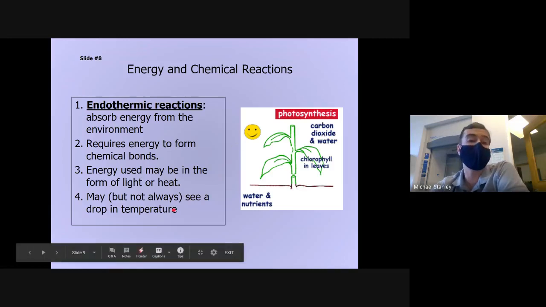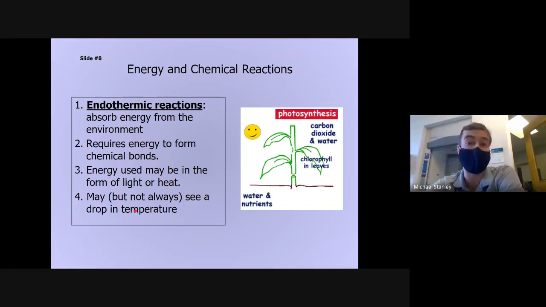Now, with exothermic reactions, there's almost always some sort of heat that's being given off to the environment. In endothermic reactions, there's not necessarily always going to be a drop in temperature, even though they're the opposite of exothermic reactions in structure. That doesn't mean that they're always going to make things get colder.